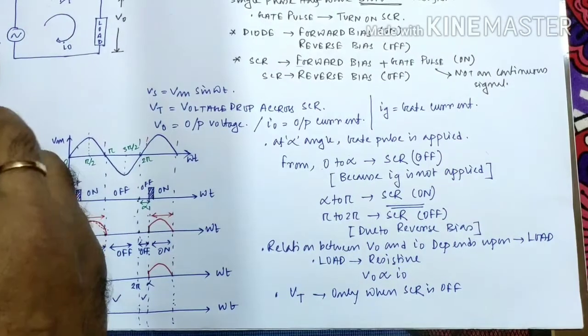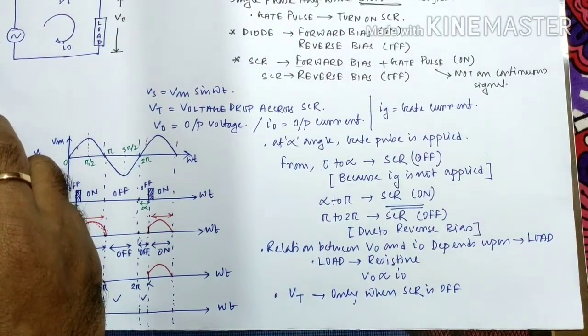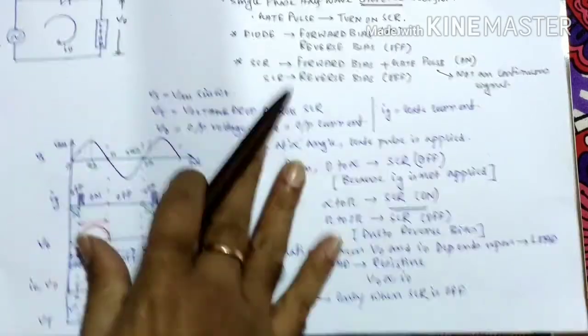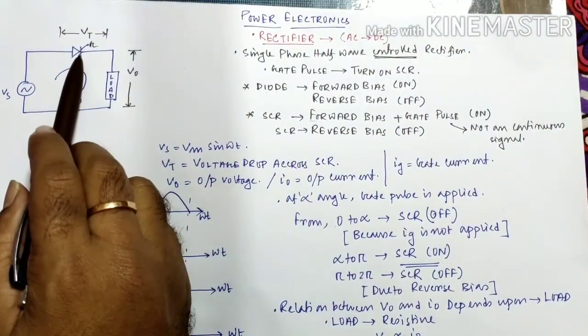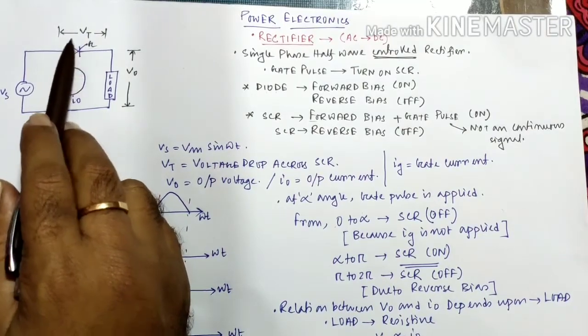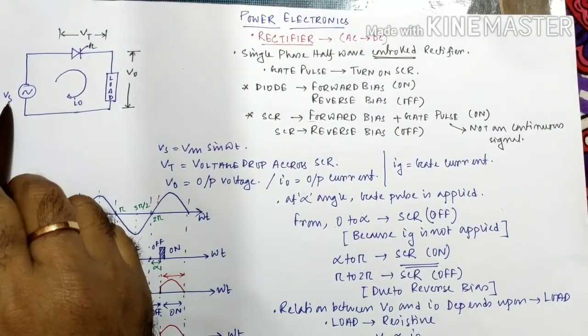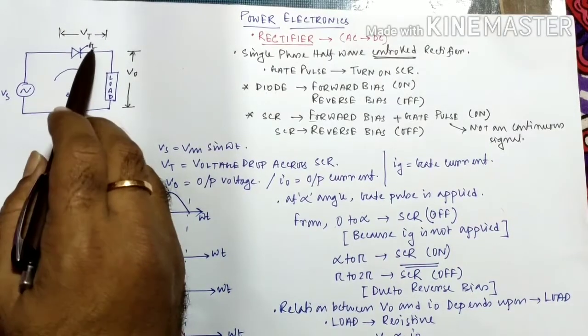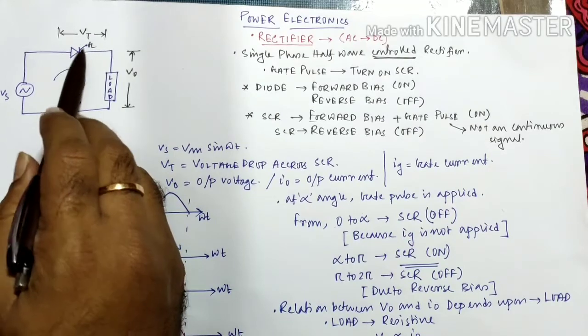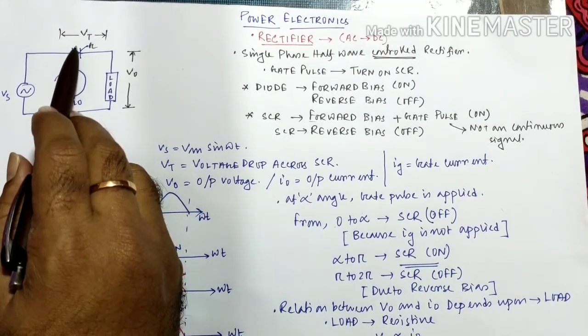Vt will be exactly same with the Vs, because when SCR does not conduct, it works as an open switch or open terminal. Open terminal means the Vs voltage is available here at the two open terminals, and SCR conduct means it works as a short circuit.